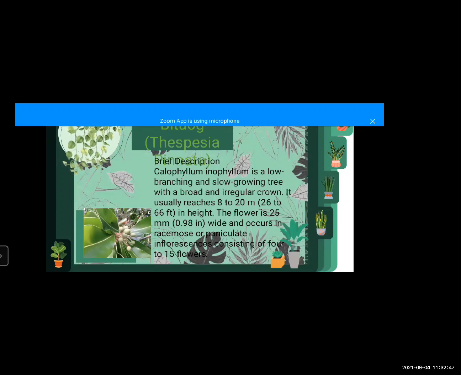The flower is 25 millimeters, 0.98 inches, wide and occurs in racemose or paniculate inflorescence consisting of 15 flowers. Sorry, next please.